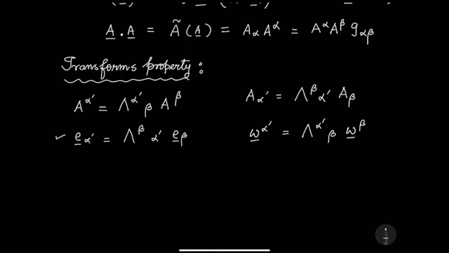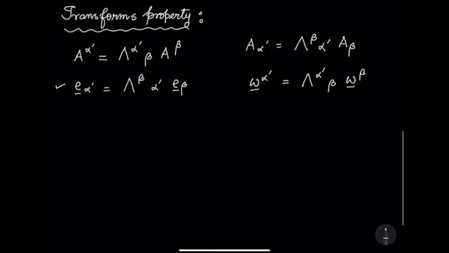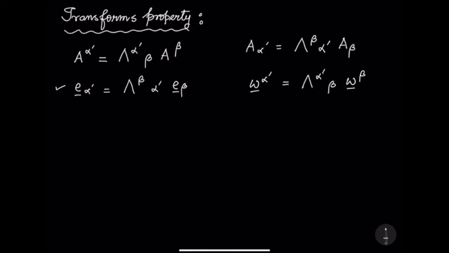Okay, so with this, let's see what are the things that we have noticed so far. We noticed that one forms are rules. This is important again, that one forms are not vectors, they're rules.